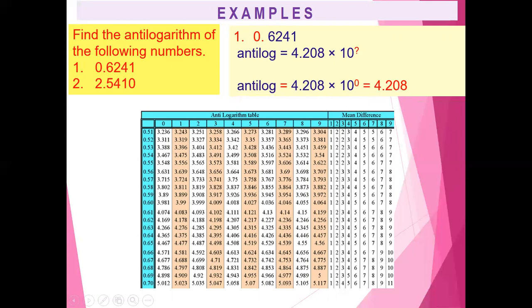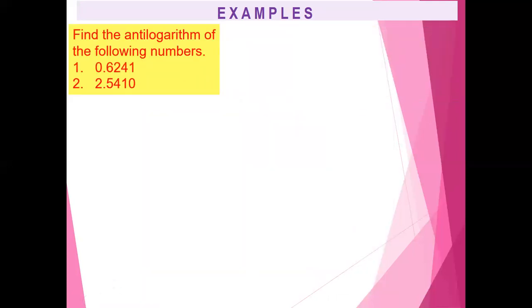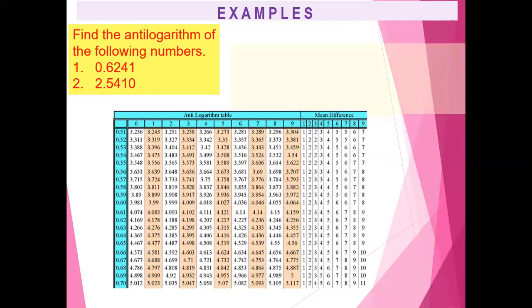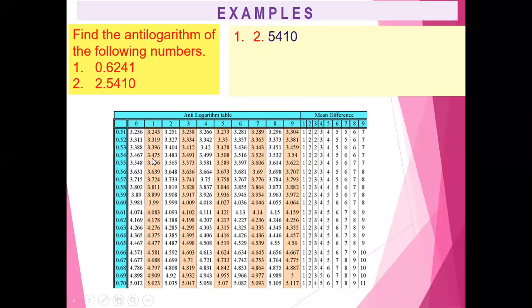Okay, now let's move on to the second question there, 2.5410. So as usual, we'll check the 54, check this part, the fractional part, 5410. So that's 54 under 1. There's no difference, 0, so we just leave the 0. 54 under 1, that's 3.475 times 10 raised to the power of what?